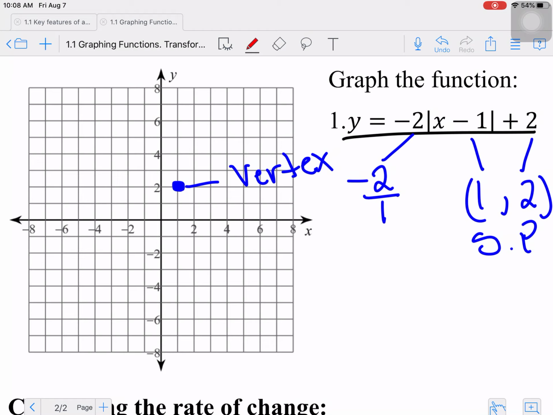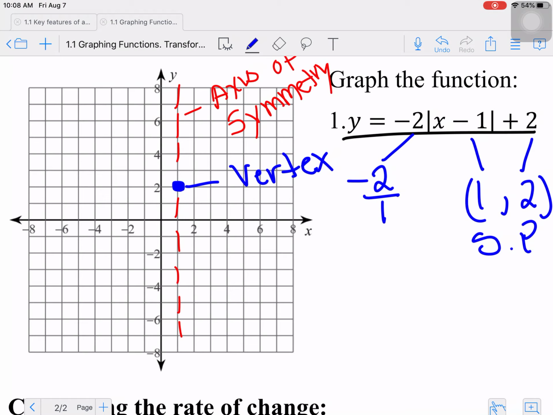It means that both sides are pretty much a mirror image of the other. So that means that there is an imaginary line there that cuts that function in half. So this is what we call an axis of symmetry. Okay? So that's going to help us right now create the graph.